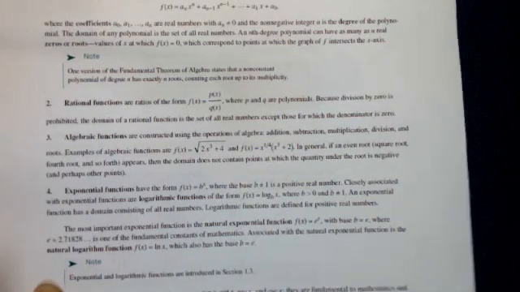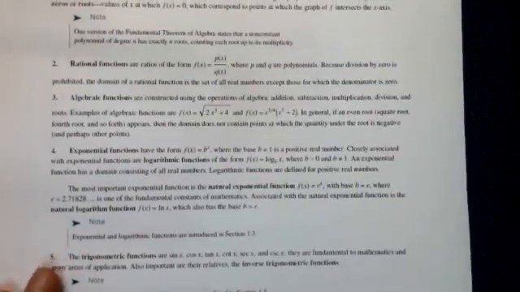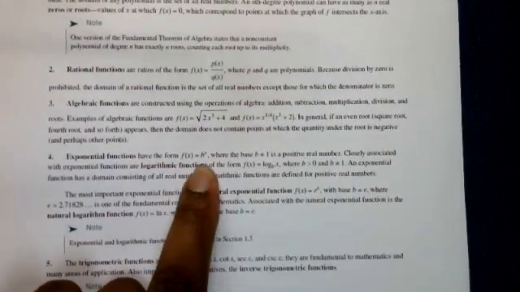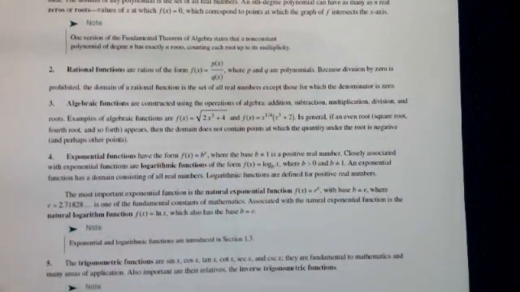And then you have what they call exponential functions. They have the form f of x equals b raised to the x, where the base b is a positive real number other than 1. Now, this one is closely associated with the logarithmic functions.